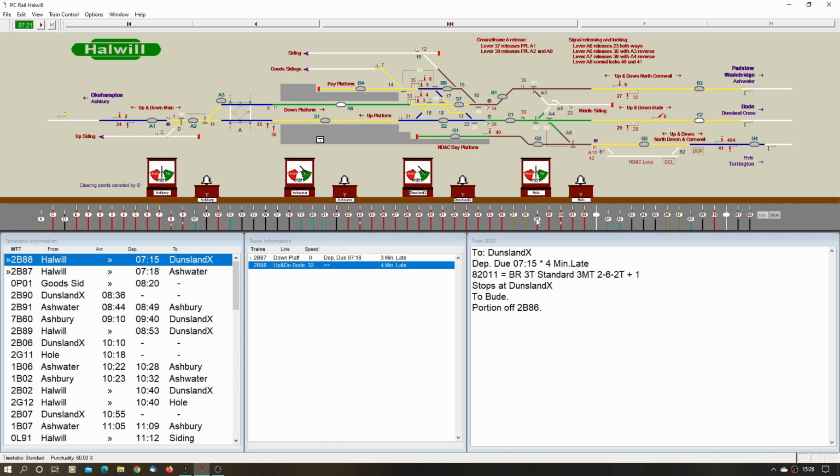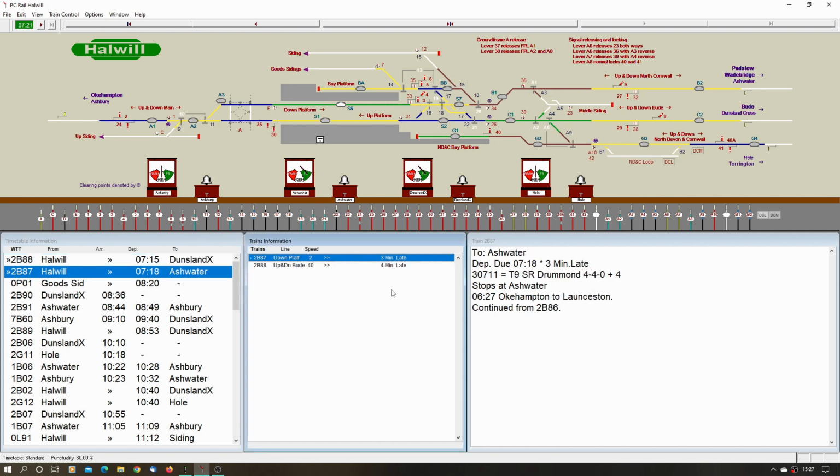39 can go back, although I could leave these while I lock this up. Right, let's get all these locked again. 18, 19, 20, 21. Running line dummy again. 36. 4 then should be cleared. And then the section signal 9. And off he goes. 3 minutes late.